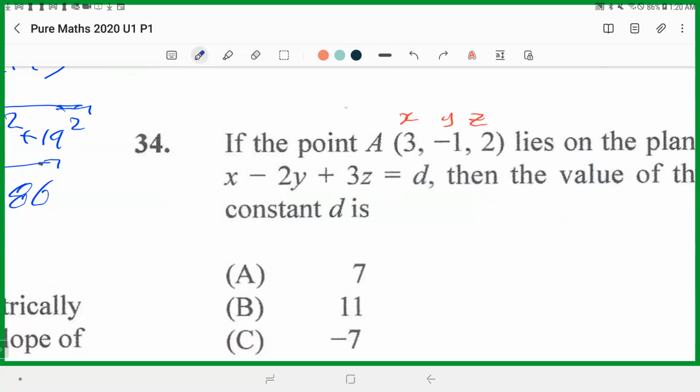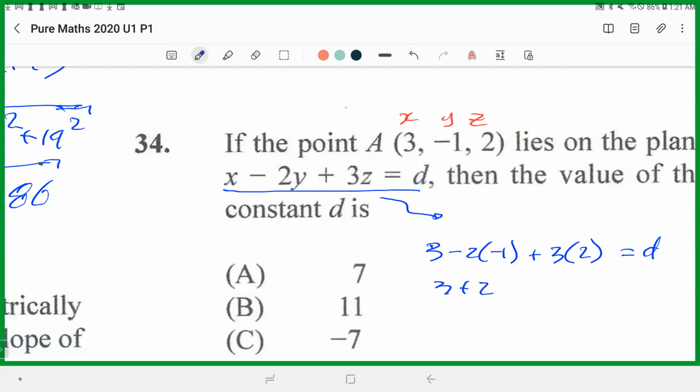When I plug that in, I'm going to get 3 minus 2 times -1, because the y is -1, plus 3 times the z, which is 2, that equals d. And what is this? That's a minus minus. So it becomes 3 plus 2 plus 6 equals d. Therefore, d equals 11.